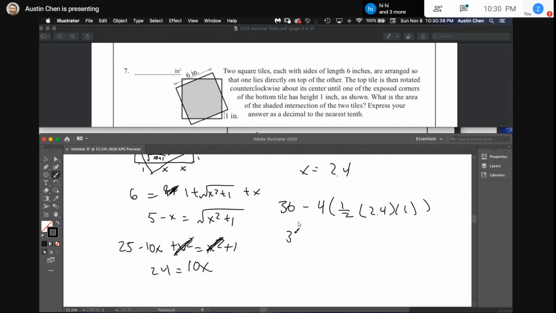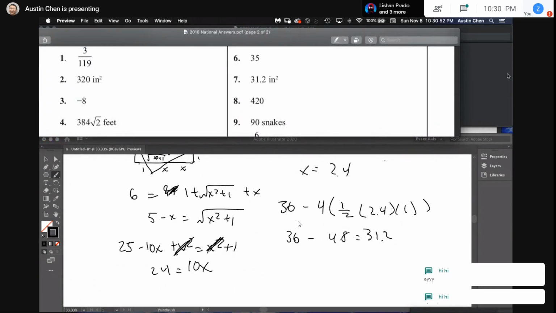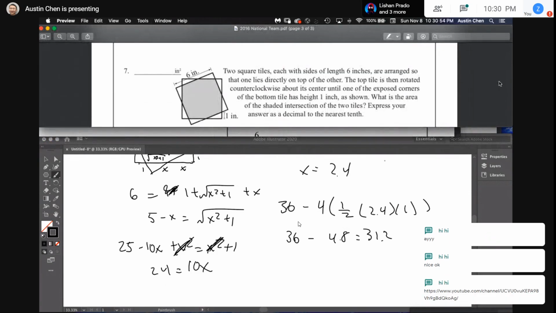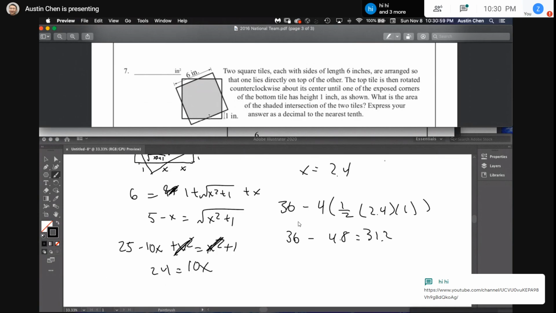So this is 36 minus 4.8, which is 31.2. And yeah, the answer is 31.2. So not that bad. All we did was say the side length of 1 was x, use the Pythagorean theorem, and then relate it to the side of 6 inches.